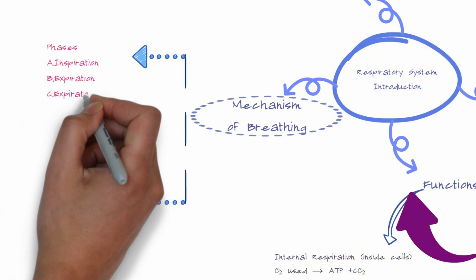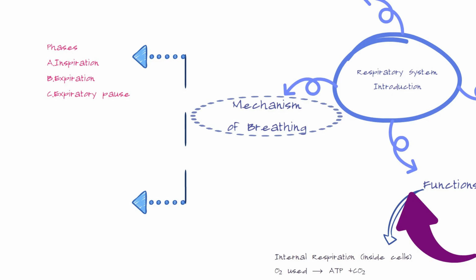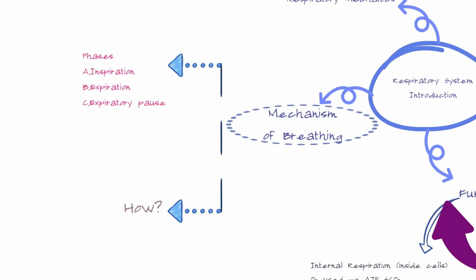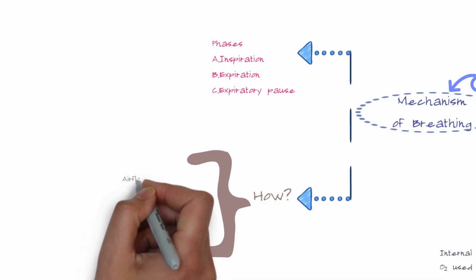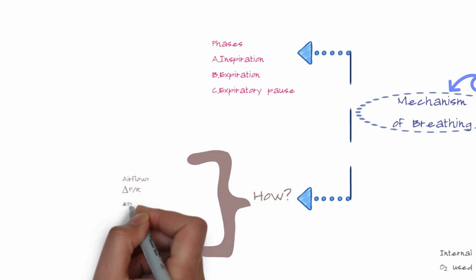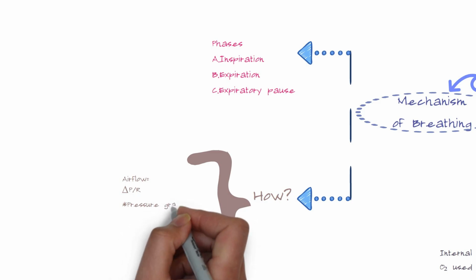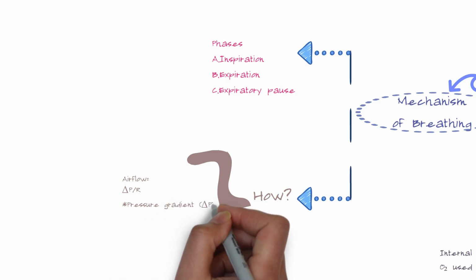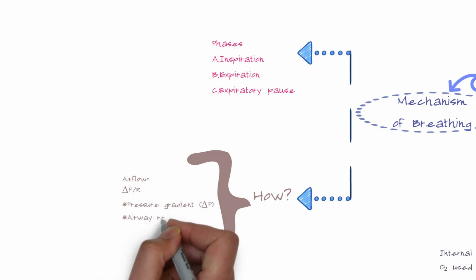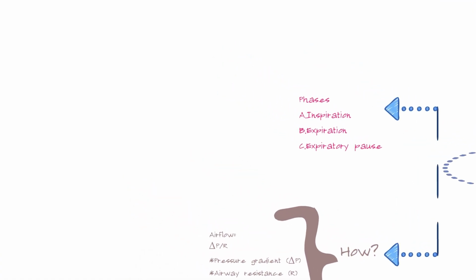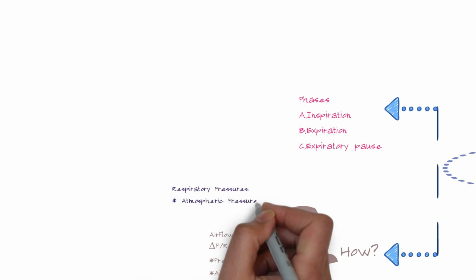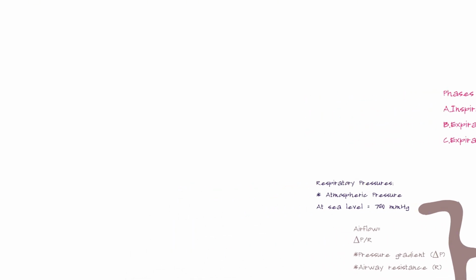To understand ventilation, we go back to the key principle of airflow, which equals the pressure gradient over the resistance. This means the air moves due to pressure differences. Here we are talking about two main pressures: the atmospheric and the alveolar. Starting with atmospheric pressure, at sea level it's around 760 millimeters of mercury, and it's constant.